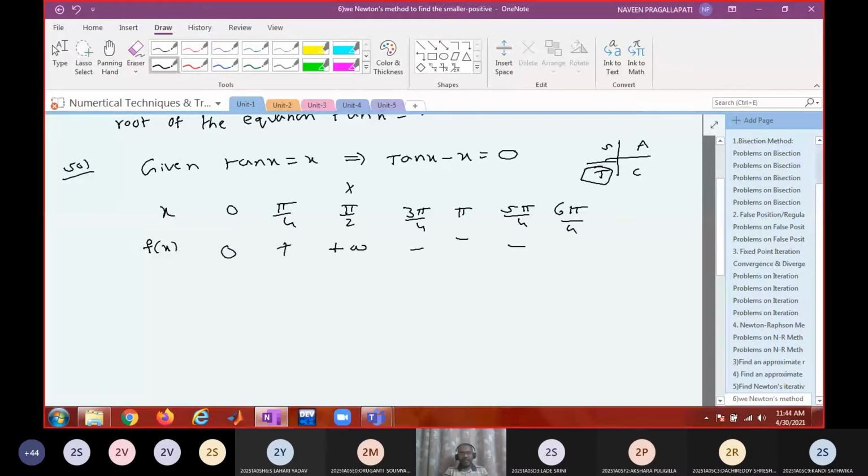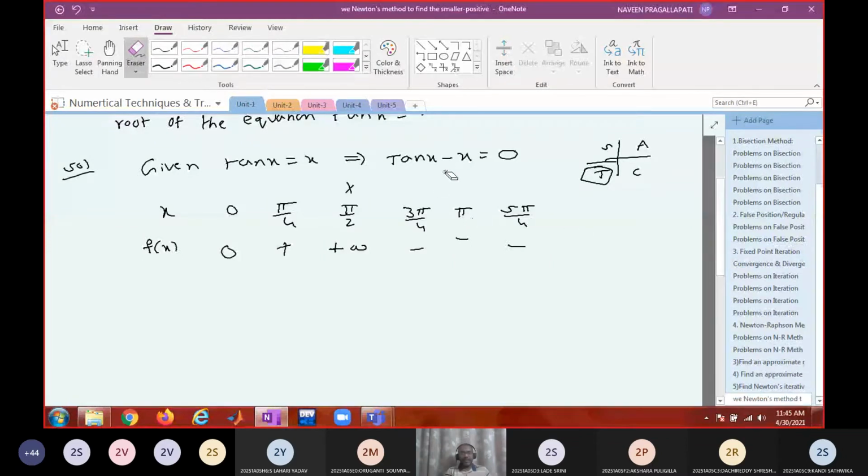For any number less than 270 degrees, I think it will be positive, right?